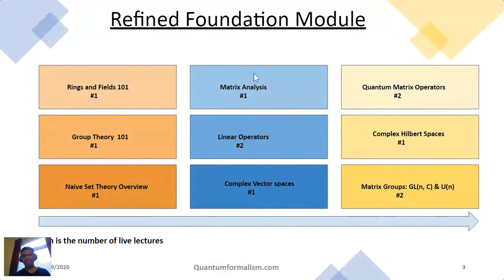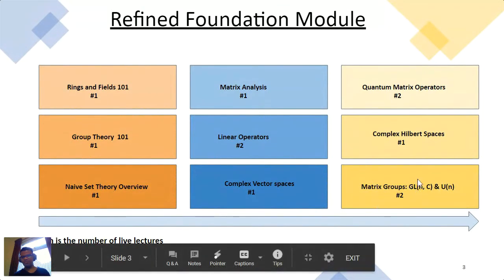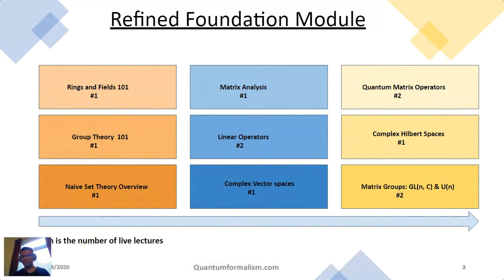We'll then do some matrix analysis, and then we will jump into spending some time with some very interesting groups: the general linear group and the unitary group. These are very important in quantum mechanics, but also in quantum information and quantum computing. So hopefully you will learn some interesting stuff.